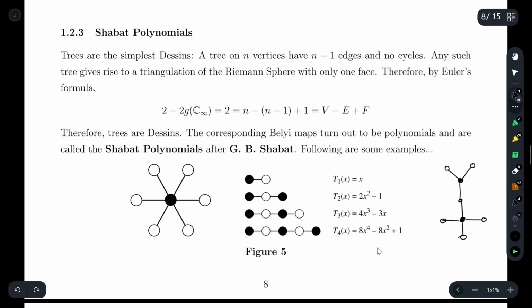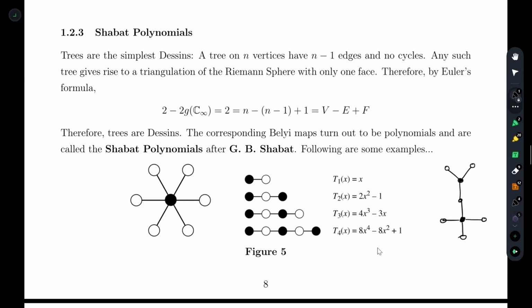Any tree on n vertices has n minus 1 edges, and any such tree will give rise to a triangulation of a compact Riemann surface with only one face. Because it does not have any cycle, it is not enclosing any extra surface or extra face. So it has only one face, just outside this thing.